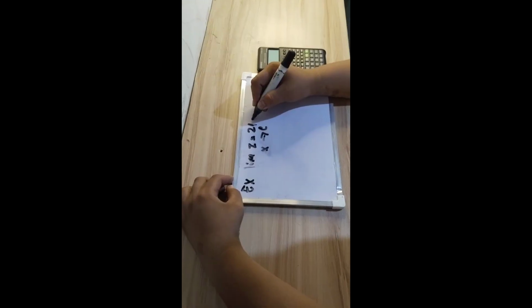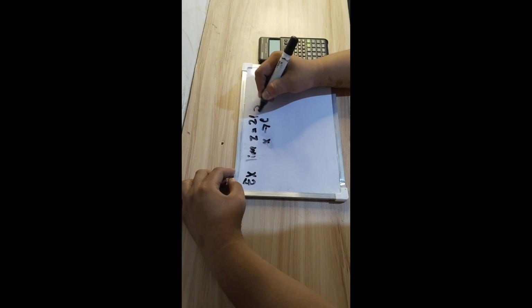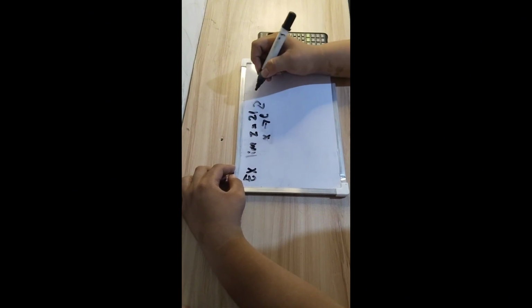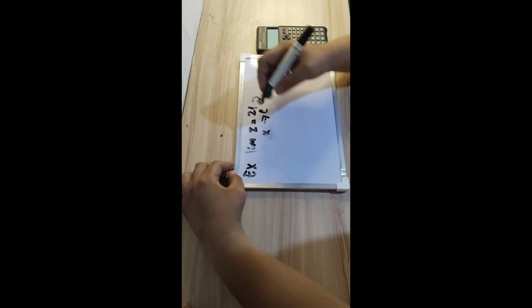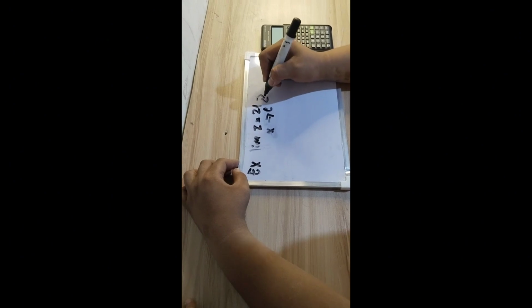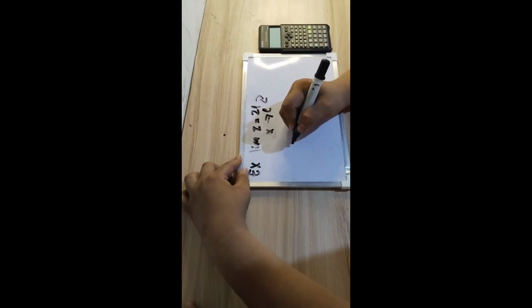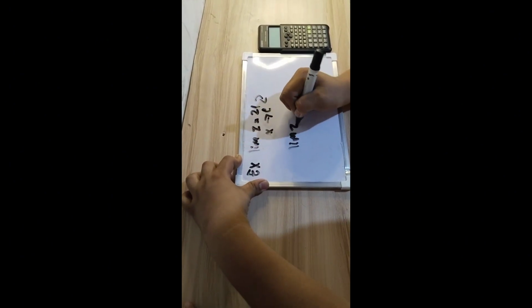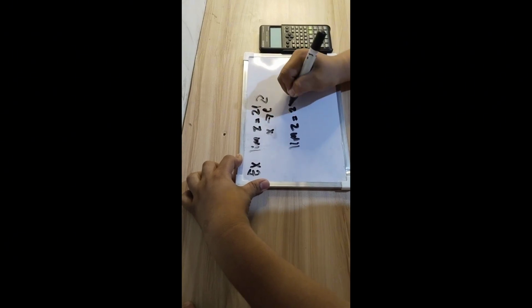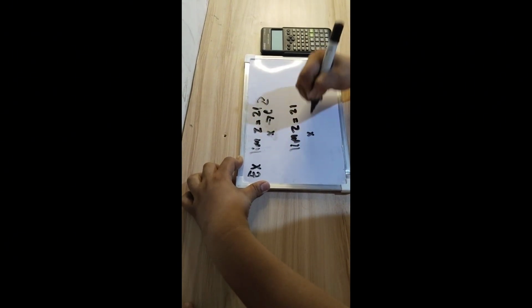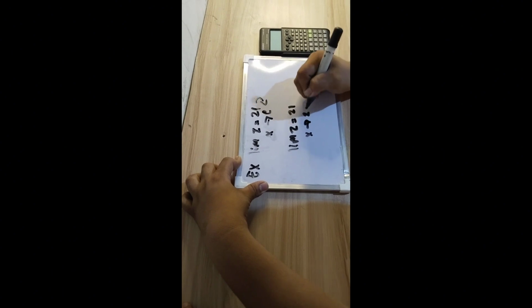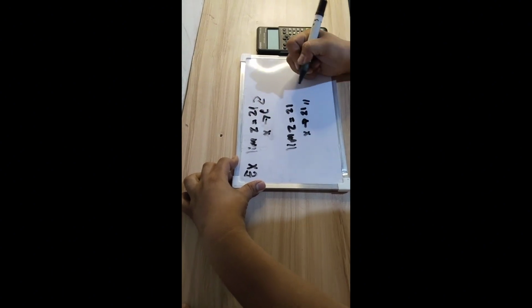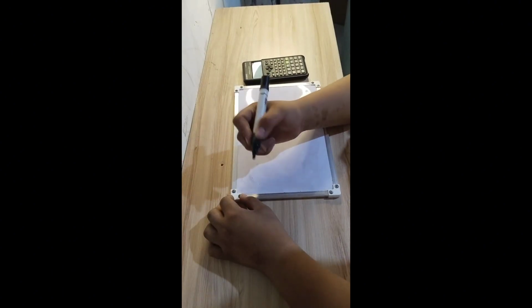The value of c here is always equal to this variable. So let's change this variable into a real number. The limit of z is equal to 21 when x approaches 21. Here's the answer. Let's proceed into our next topic.